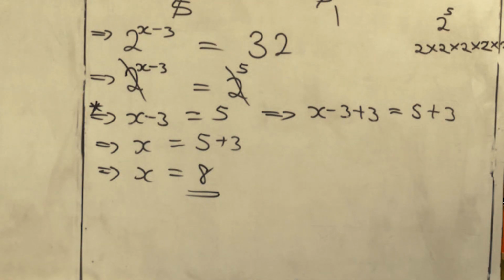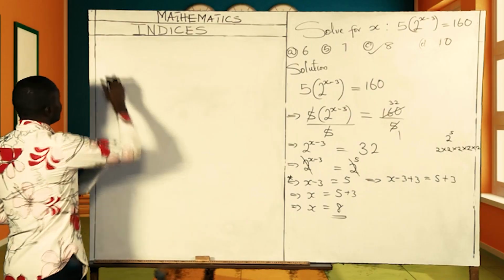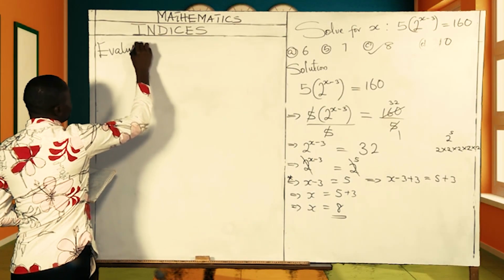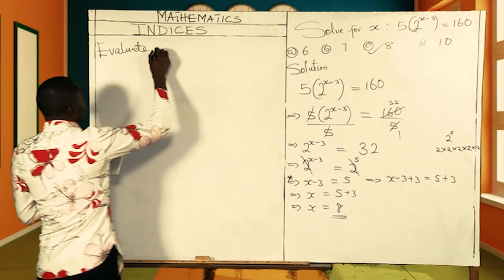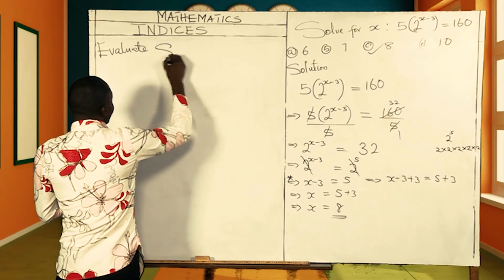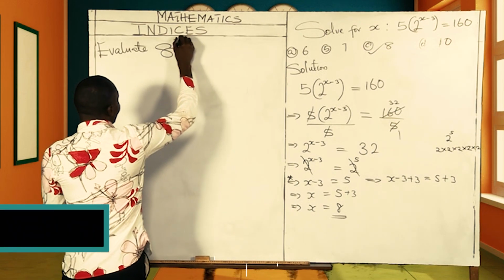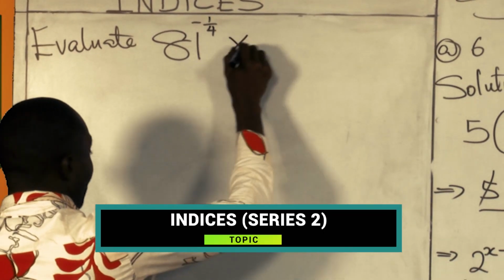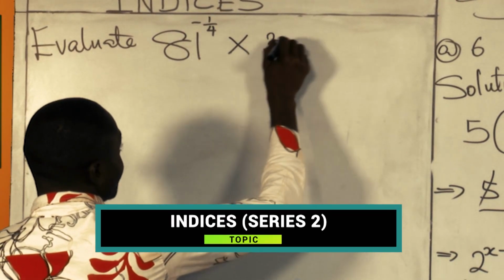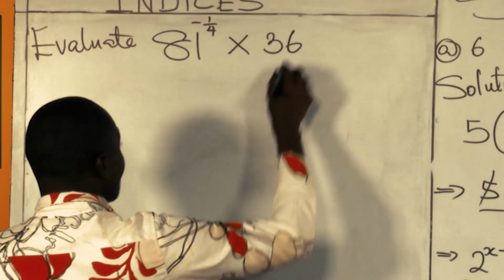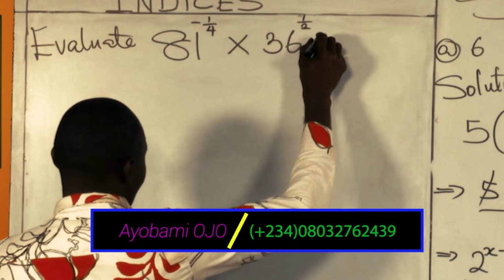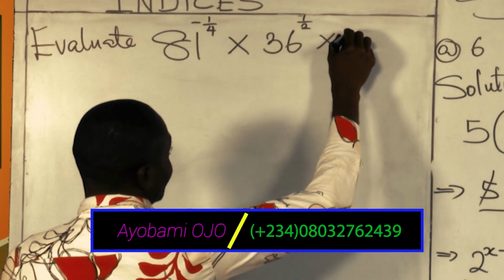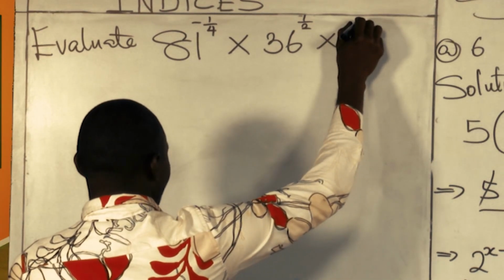Here we have: evaluate. Evaluate means find the value. Evaluate 81 raised to the power of minus 1 over 4, multiplied by 36 raised to the power 1 over 2, multiplied by 10 raised to the power 0.